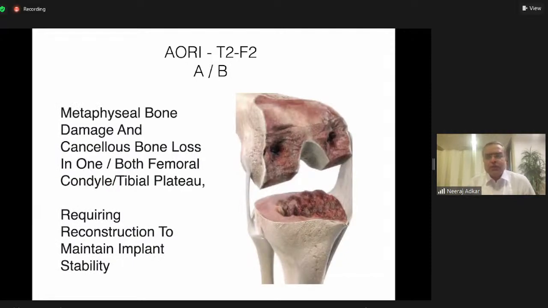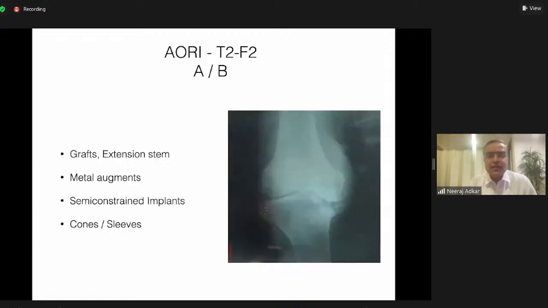Type 2 defects, as I said earlier, are the metaphyseal defects and may affect one or both of the femoral condyles or the tibial plateau, and they require reconstruction to maintain implant stability. So what are the options with us? Grafts are the preferred way.